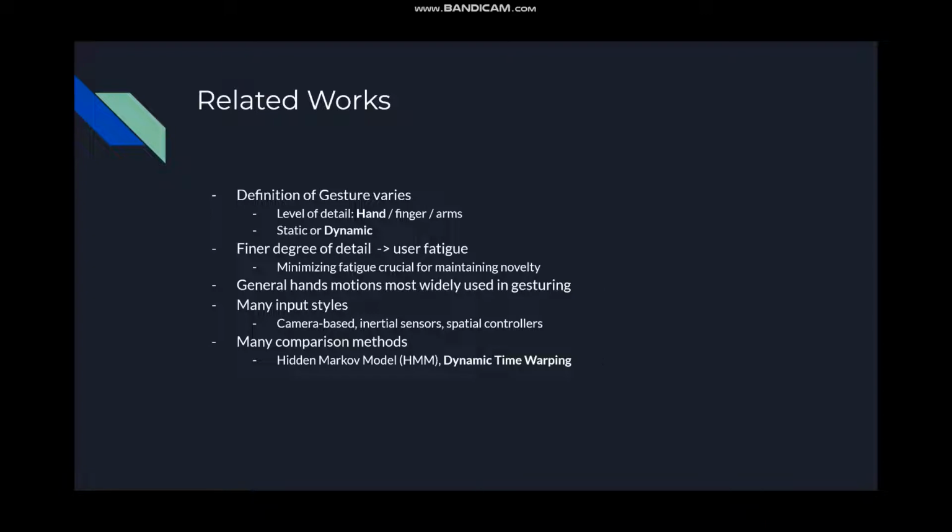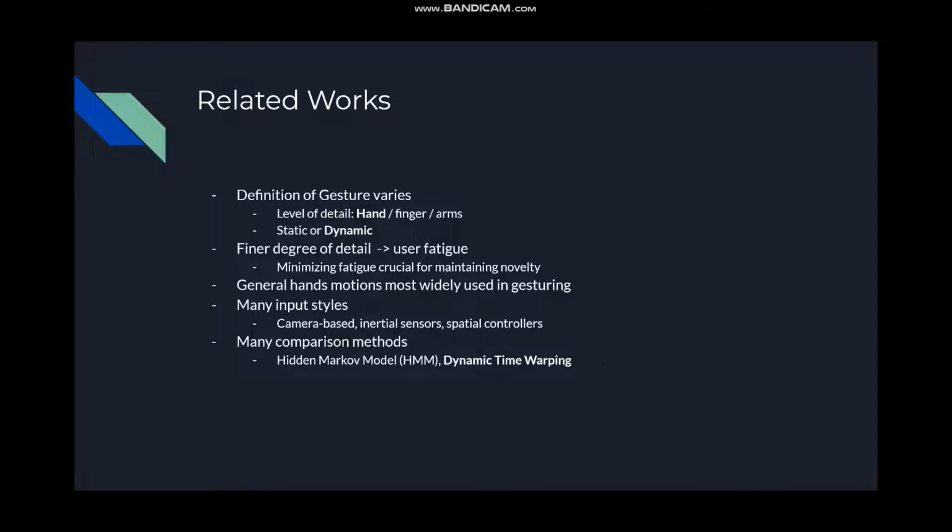The literature also suggested that general hand motions are most widely used in gesturing. And with this in mind, in addition to the technology at hand, the Oculus Quest controllers, we chose to use hand position and orientation as our level of detail. And also, since spells are a variety of points, we also categorize our gesture as being dynamic.